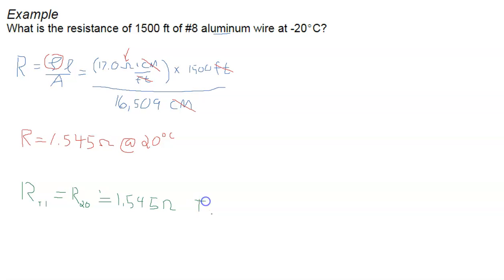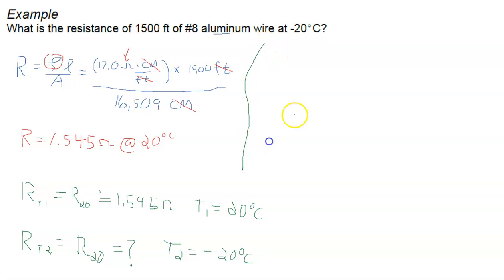And that means T1 is 20 degrees C. And so we're going to say that RT2 is R at negative 20, and of course, that is the unknown here. And that makes T2 equal to negative 20. Now, we could have equally well called them the other way around, but for setting up our ratio, that's what we want.